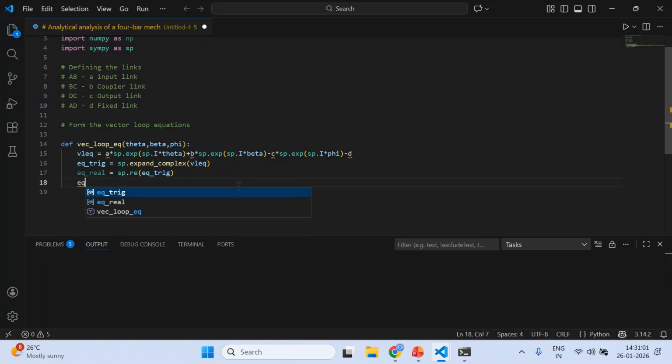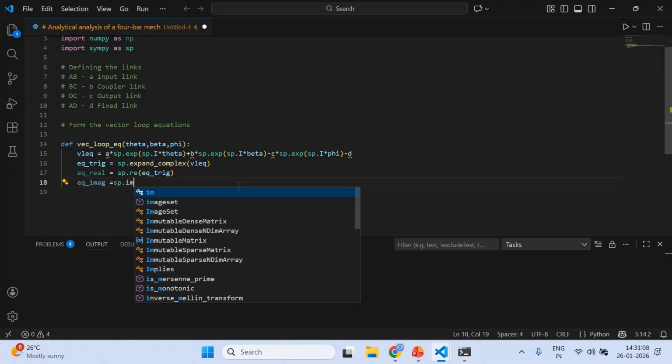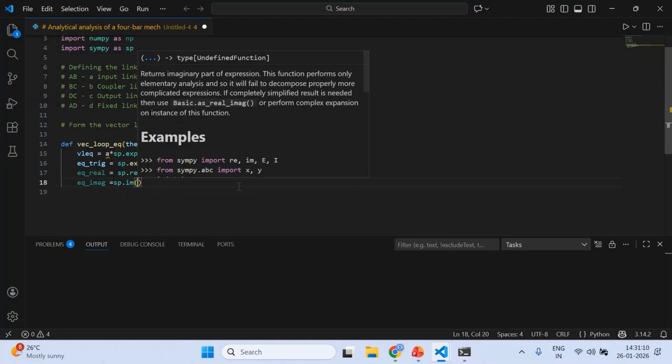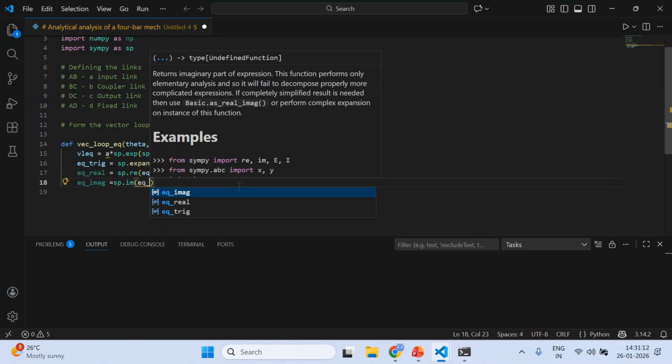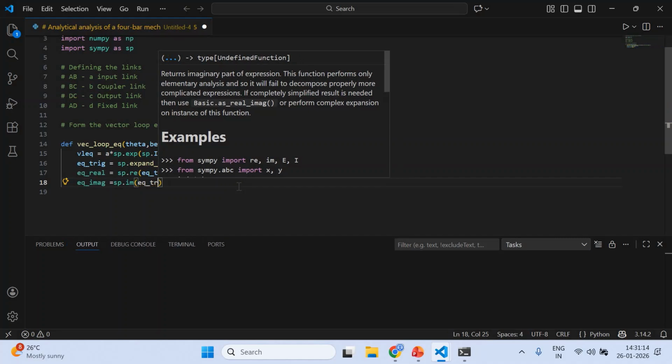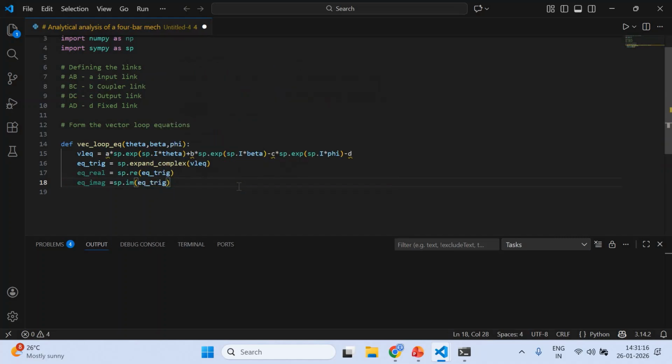Then again we have the imaginary part of the equation, so it will be simply sp.im, and then eq_trig, that is the trigonometric equation, right? So this is my real part, just remember this part. This is my real part and this is my imaginary part.